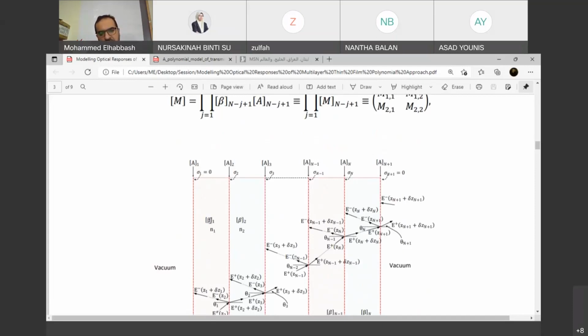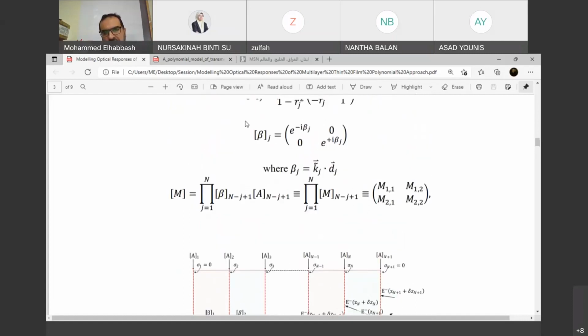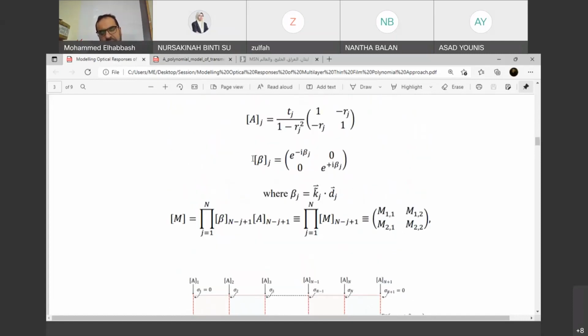And for layer number 1, when the electromagnetic field travels through it, we have the beta 1 matrix here, which represents the traveling of the electromagnetic field through layer 1, and the propagation matrix is represented like this.